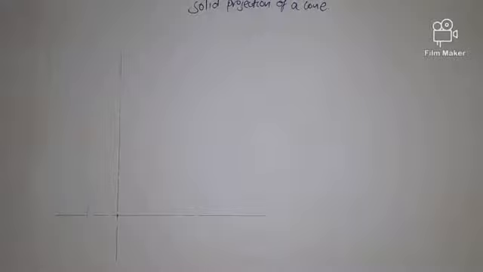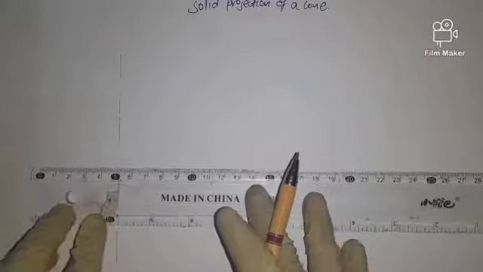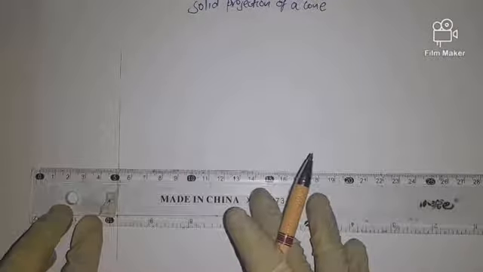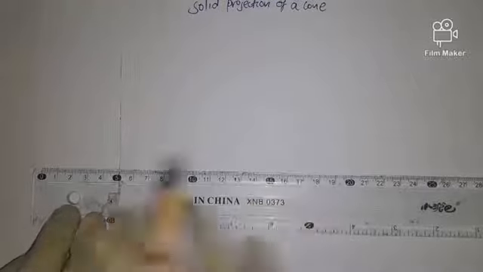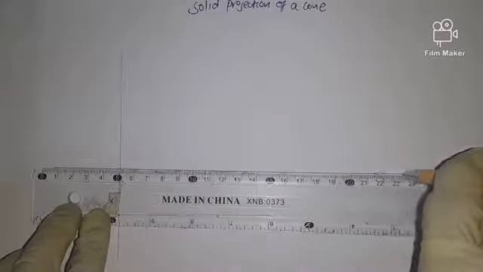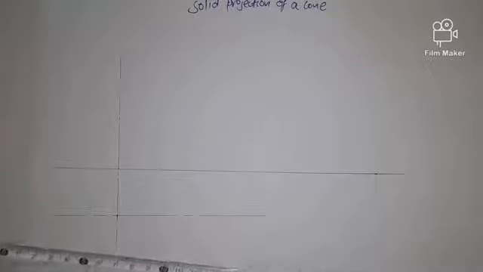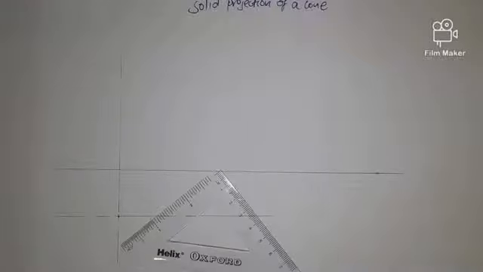Once we have that axis, we can say our XY plane can start somewhere here. That's our XY plane. Once we have the XY plane, we are going to divide our circle into 8 parts for us to get some other projections.